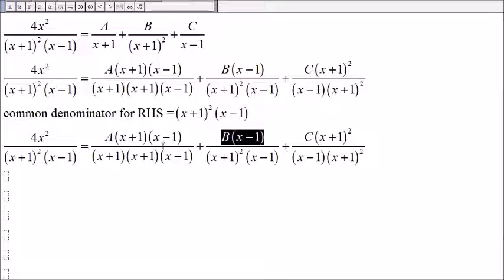So now we have the common denominator, so we can combine them.